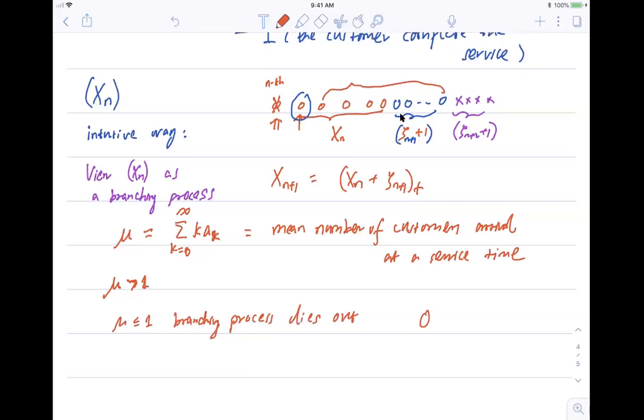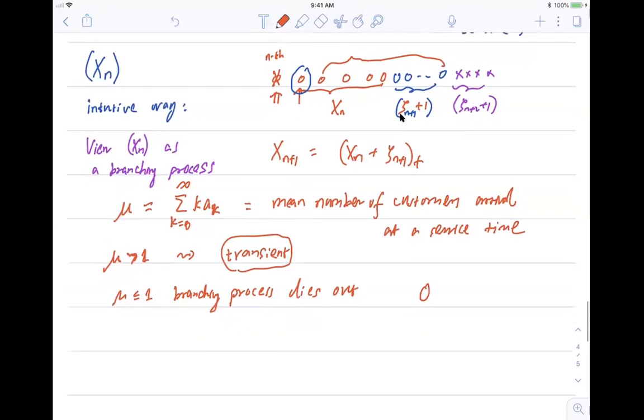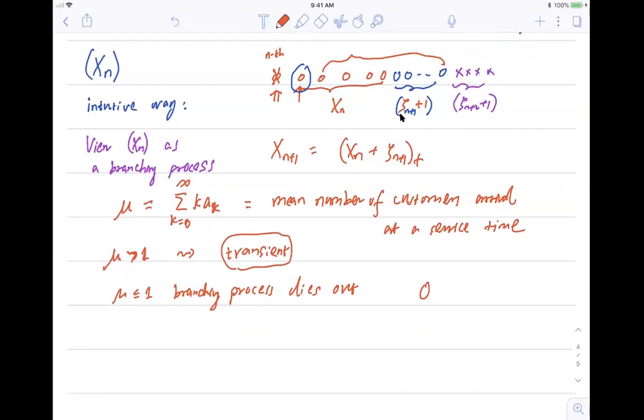But if mu is bigger than one, this is not true. Using that, we can conclude, but it needs some argument. So if mu is bigger than one, it's transient.